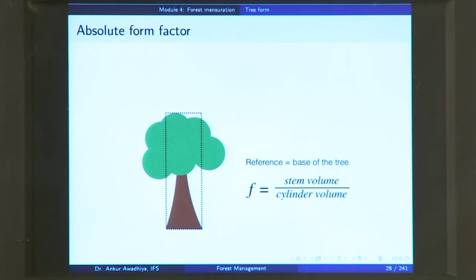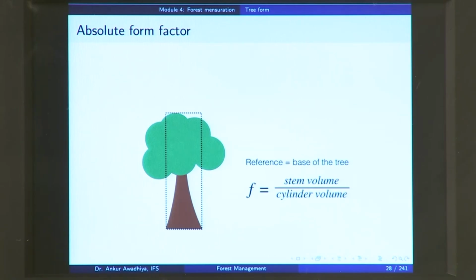So, it is difficult to take the diameter at that particular point. Even though absolute form factor theoretically will give you a very good idea about the form of the tree, in practice it is difficult to take the diameter at the base of the tree.